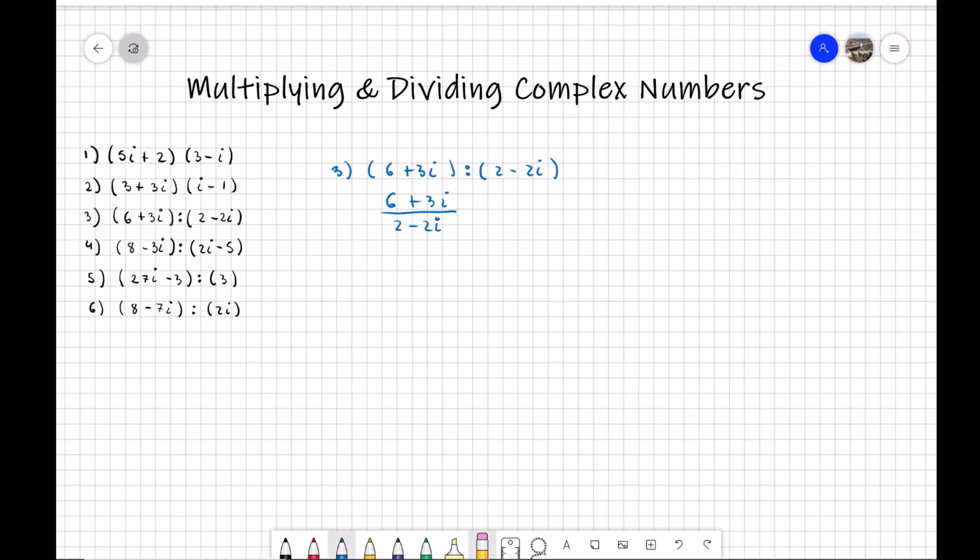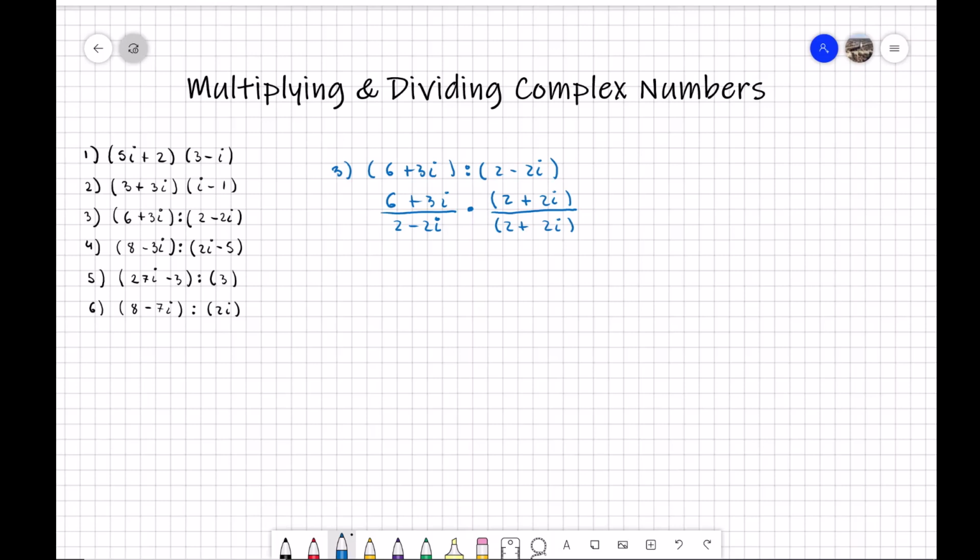So we have to look for a way to move it to the top. The way to move it to the top is to multiply it by 2 plus 2i, and divided by 2 plus 2i. Now let me tell you why.